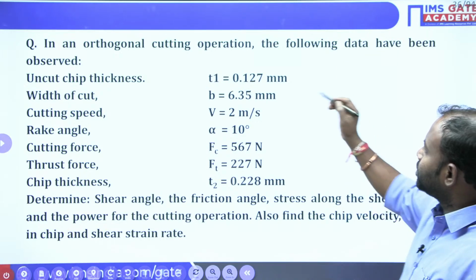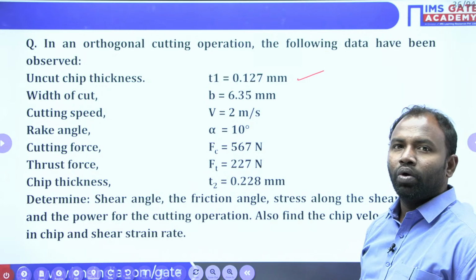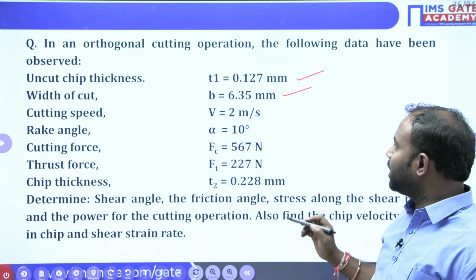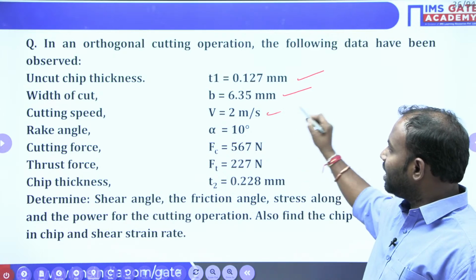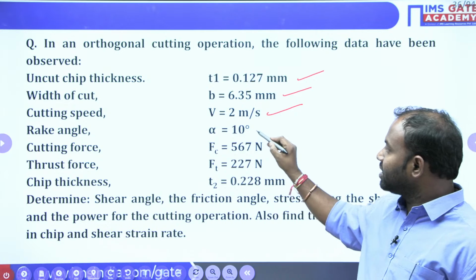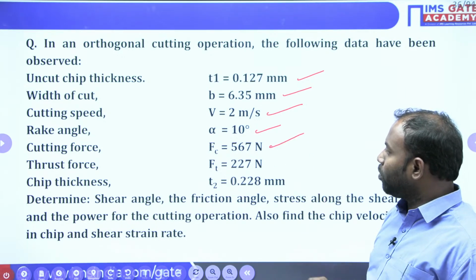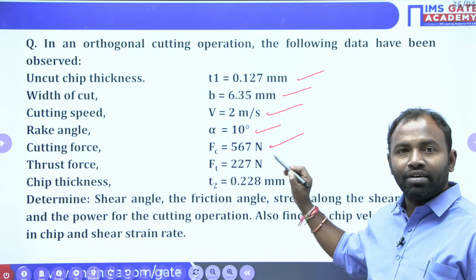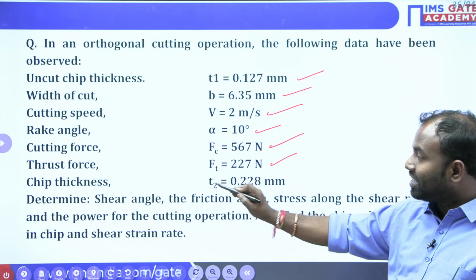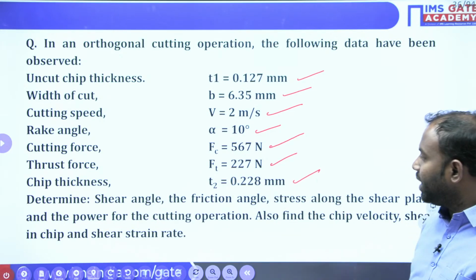First one is uncut chip thickness, T1, given as 0.127 mm, and B, the width of cut, is 6.35 mm, and cutting velocity or cutting speed is given as 2 meters per second, rake angle is given as 10 degrees, and cutting force is 567 newtons, and thrust force is 227 newtons, and T2, the cut chip thickness, is 0.228 mm.